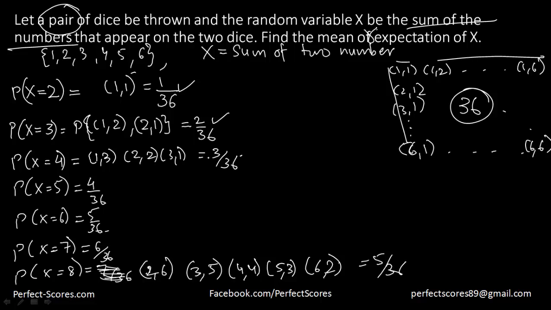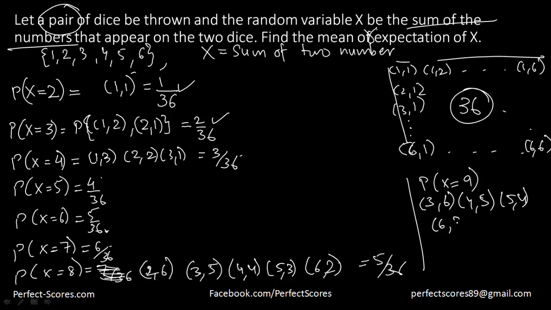So it's 1 2 3 4 5 and 6, and we're down to 5 again. And what about the sum 9? The cases are 3 6, 4 5, 5 4 and 6 3. So it's equal to 4 by 36.